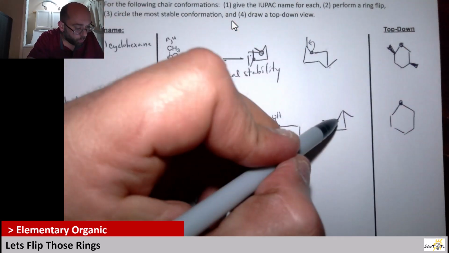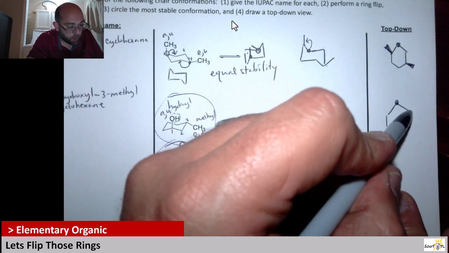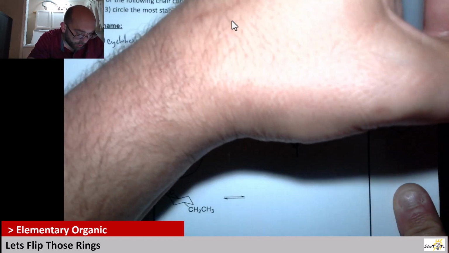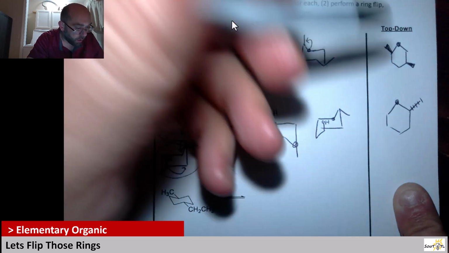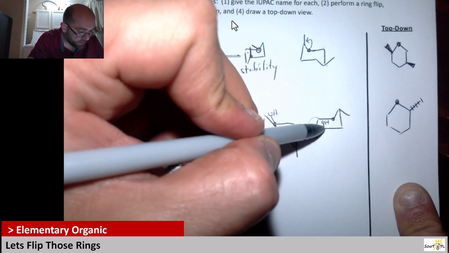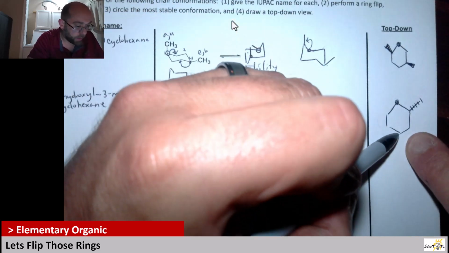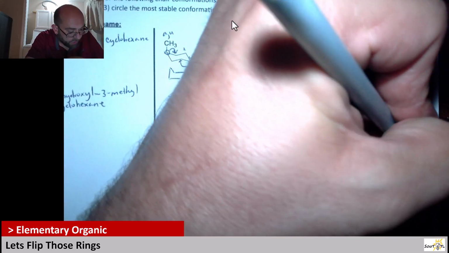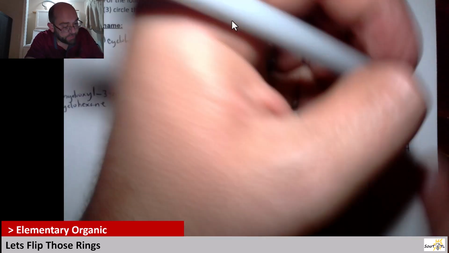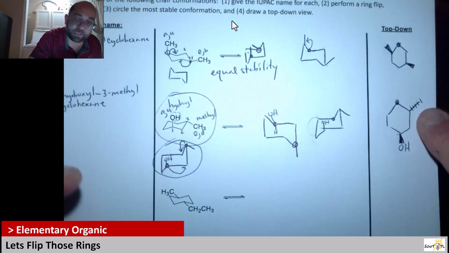If I take one step clockwise, I've got a methyl pointed down, so I'll have a methyl, but to point it down, I need a dash. Now from that dot, if I take 1, 2, 3 steps counterclockwise, I'll have the OH here, and it was up. So in pointing it up, it has to have a wedge. Up is wedges, down is dash.